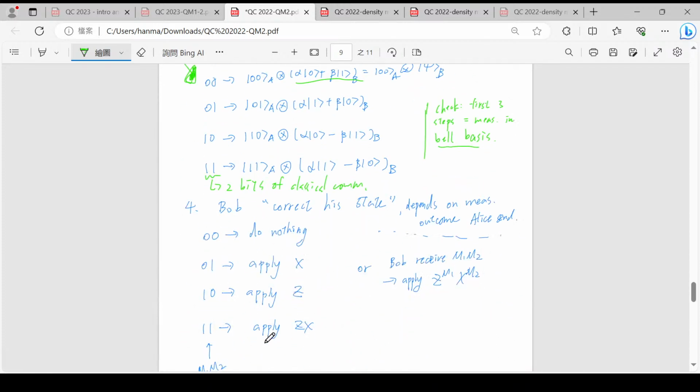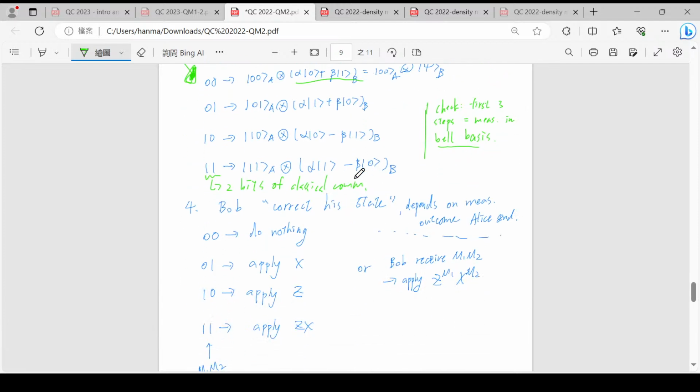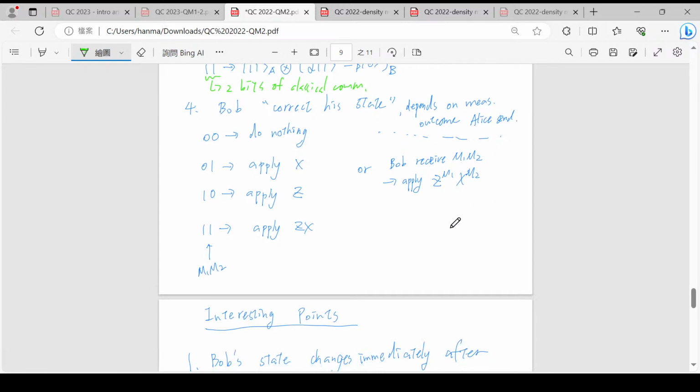Then Bob can always correct the state back to the alpha 0 plus beta 1 that Alice wants to send to Bob. And here we have some notation.